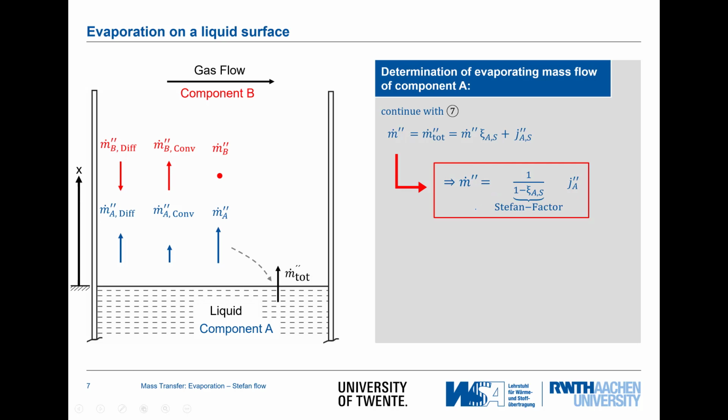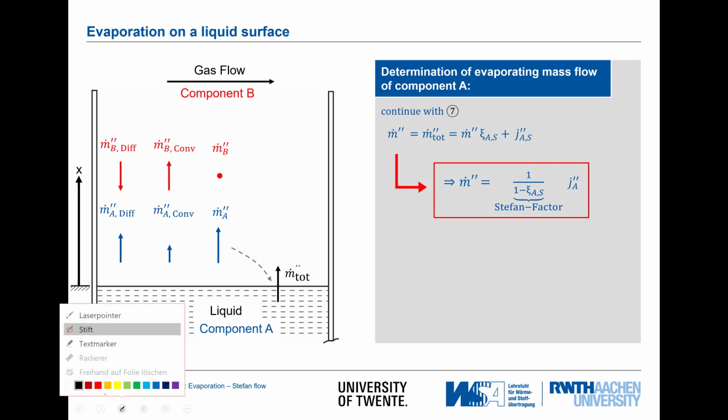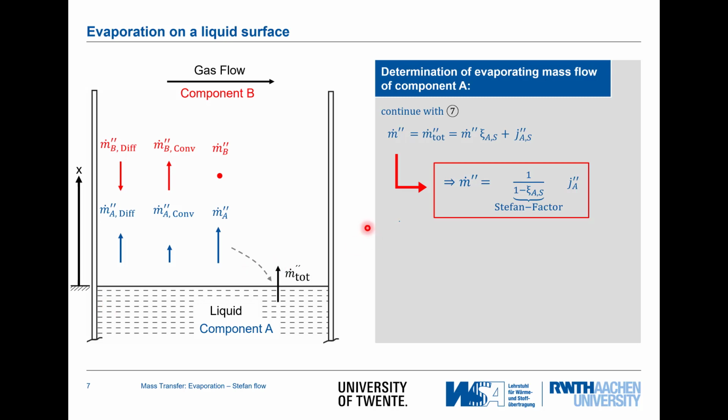And let me now take the laser pointer, that's easier. Now we can resolve here for m dot, and m dot is 1 over 1 minus psi AS times J_A. And this is the so-called Stefan factor, and if the vapor pressure is high, this value is larger, so this thing becomes smaller and the overall factor is growing, and it's always larger than 1. So this Stefan factor is enhancing the diffusional flow.